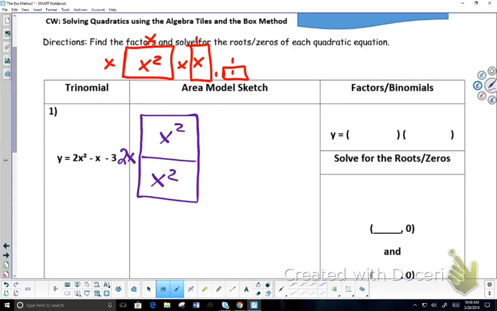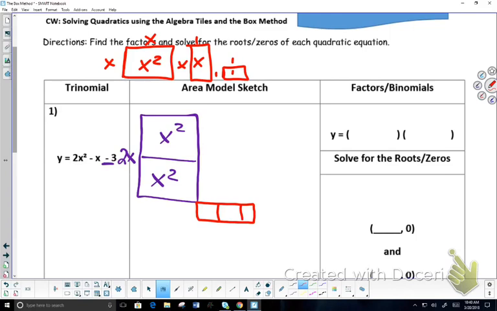Next thing I look at is this negative 3. I'm going to do it in red since it's negative, and my choice, I could do a 3 this way or I could do 3 this way. Does it matter? Oh, yes it does. If I do 3 this way, this is going to give me 1, 2, 3, 4, 5, 6.